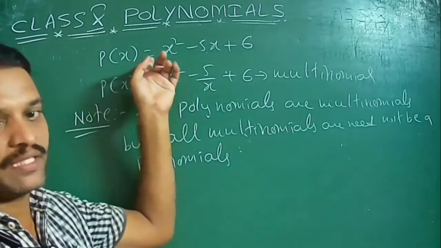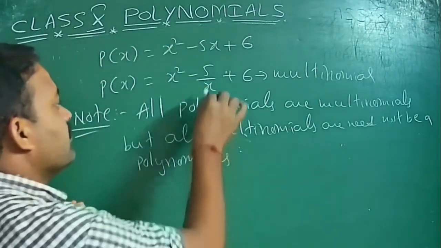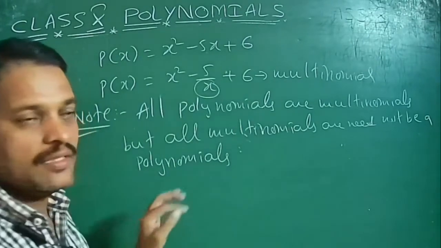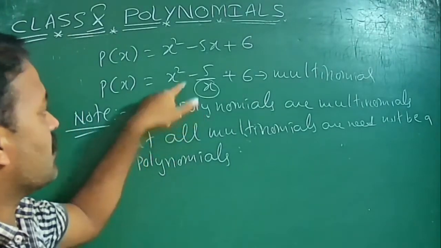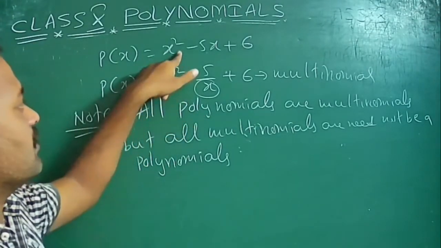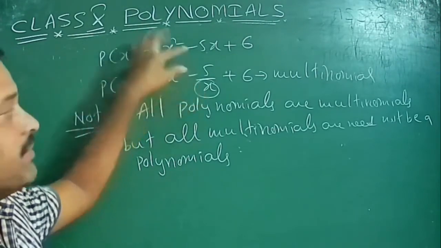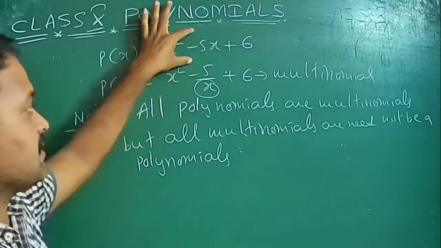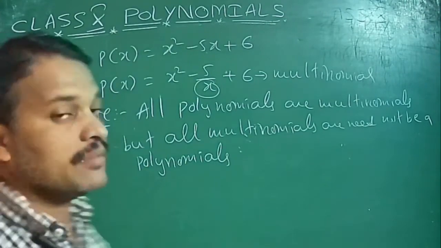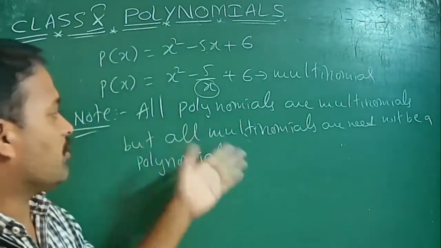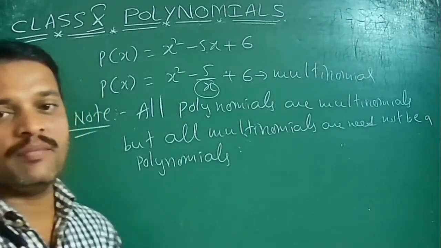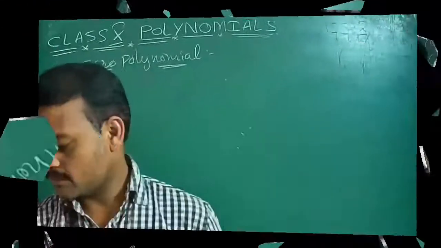As per the above example, this is a multinomial because it is an algebraic expression, but it is not a polynomial because of the negative power. So all polynomials are multinomials, but all multinomials need not be polynomials.